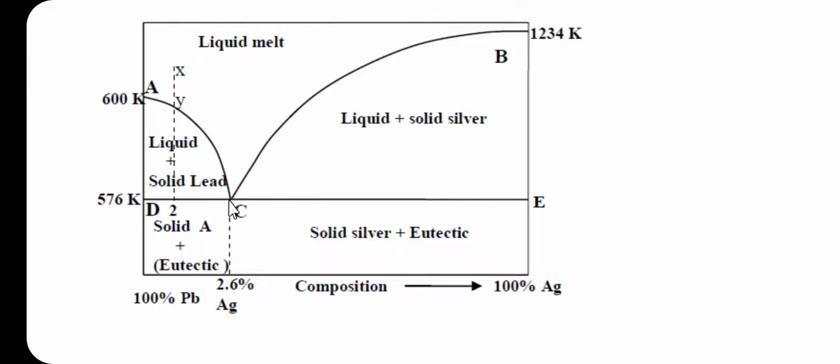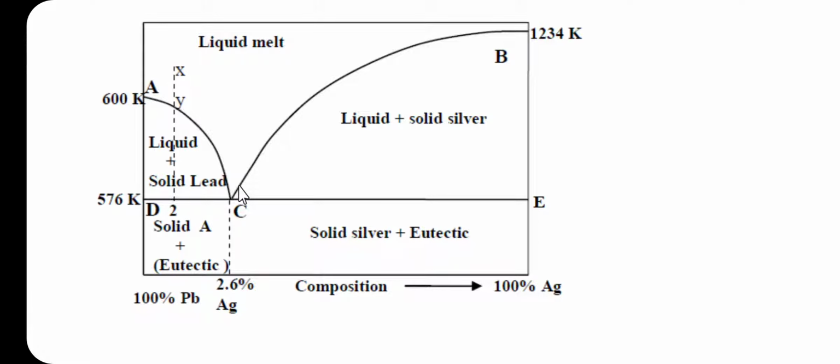Then let us consider the areas. The area ACD: in this area, solid lead and the melt, that is the liquid of the lead and silver, are in equilibrium.